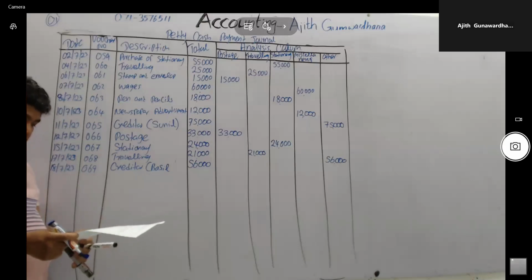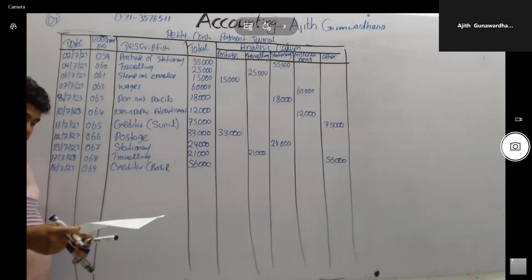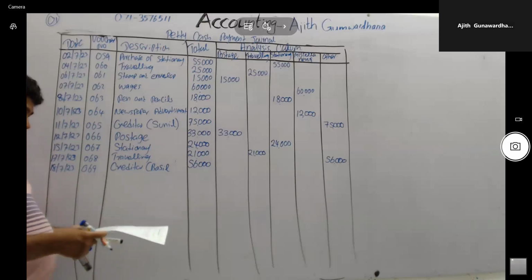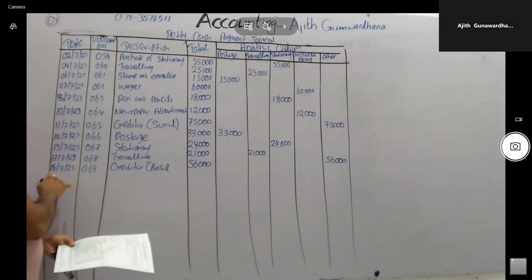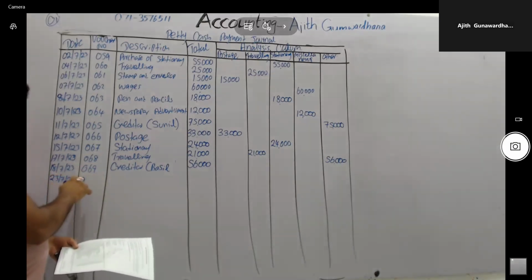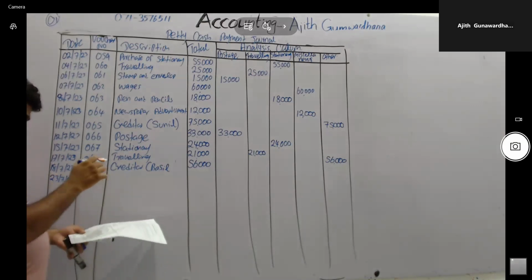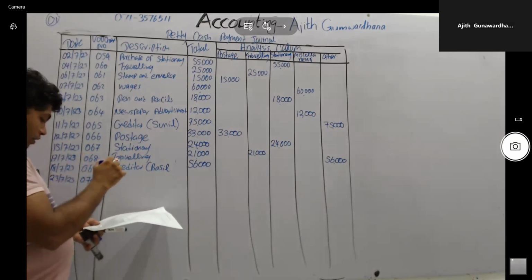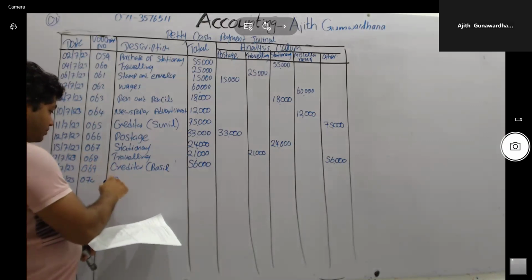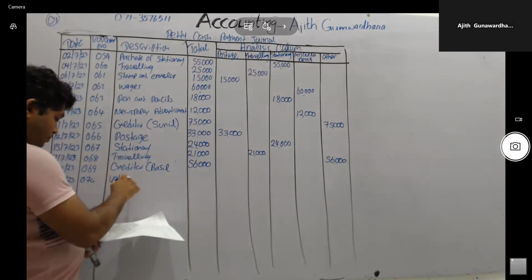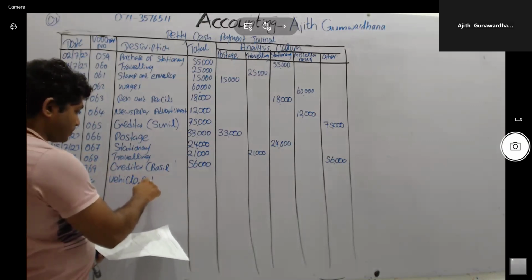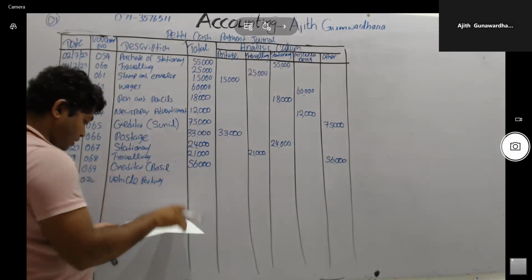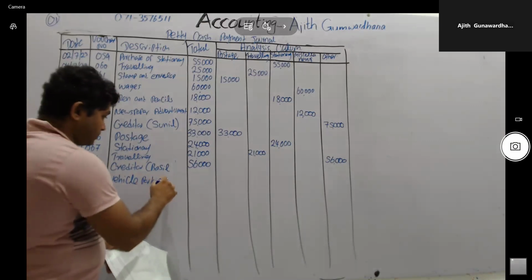And the next one also, vehicle parking charges. That's given date 23 July 23, 070 voucher number. Vehicle parking charges.